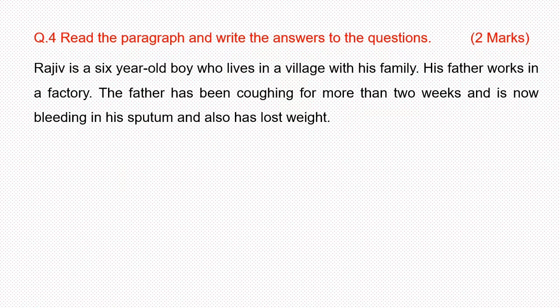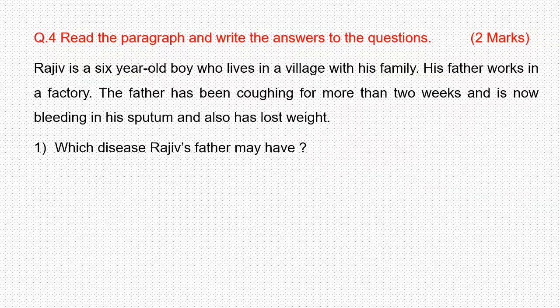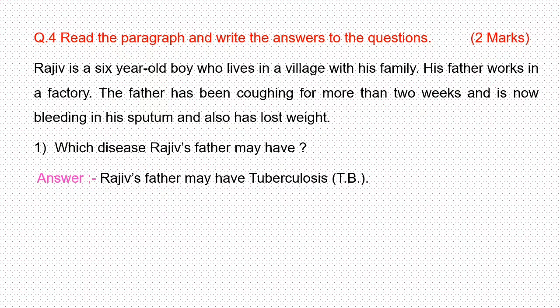The father has been coughing for more than 2 weeks and is now bleeding in his sputum and has also lost weight. And the questions are, which disease may Rajiv's father have? Can you guess? Yes. And the answer is, Rajiv's father may have tuberculosis, that is TB.